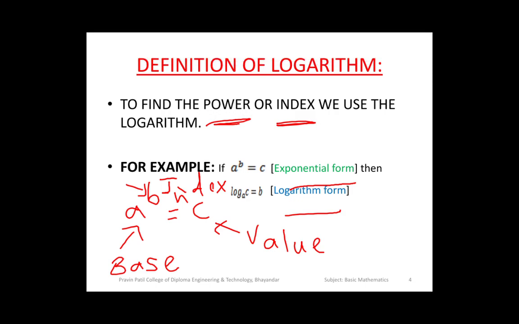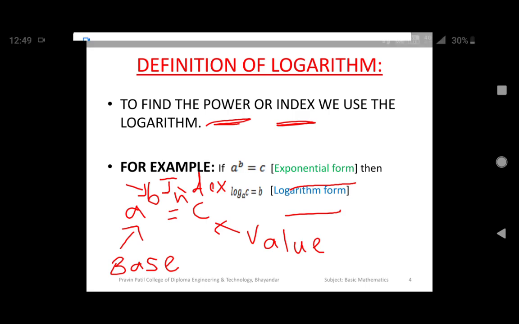Now to convert this exponential form into log, we are going to apply the definition of log. Why are we using log? We are using log to find the index, to find the power. So here the power is b.